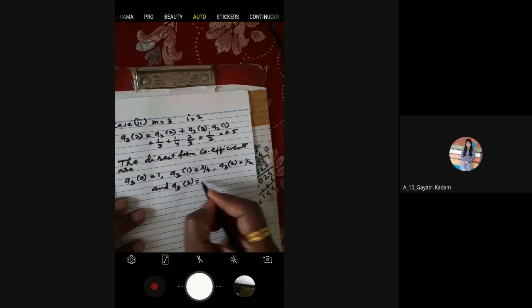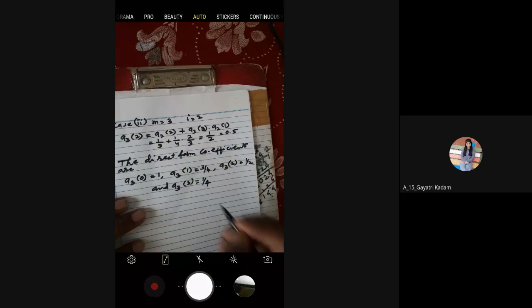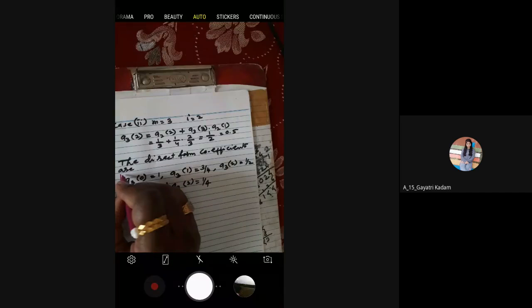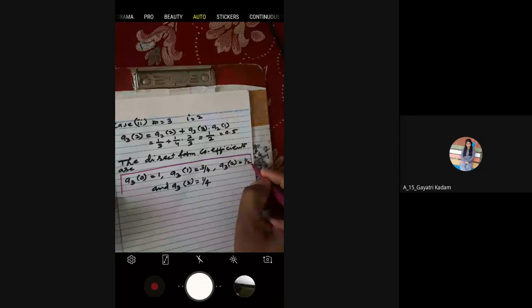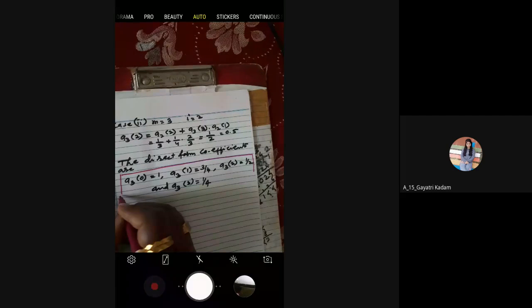So this is the way we are converting the lattice coefficients to the direct form coefficients. Understood?